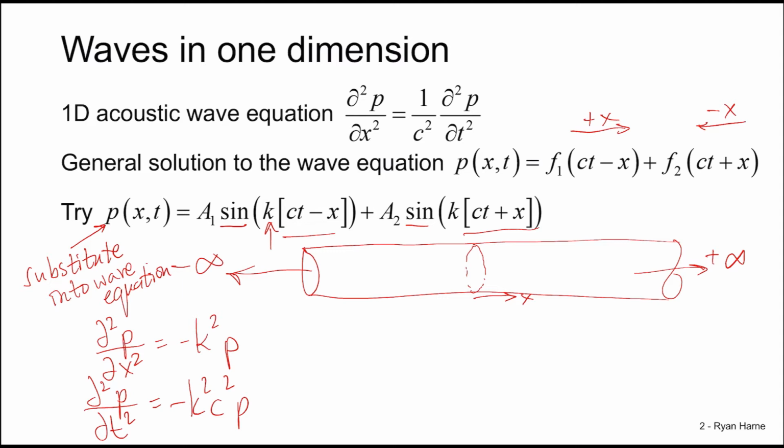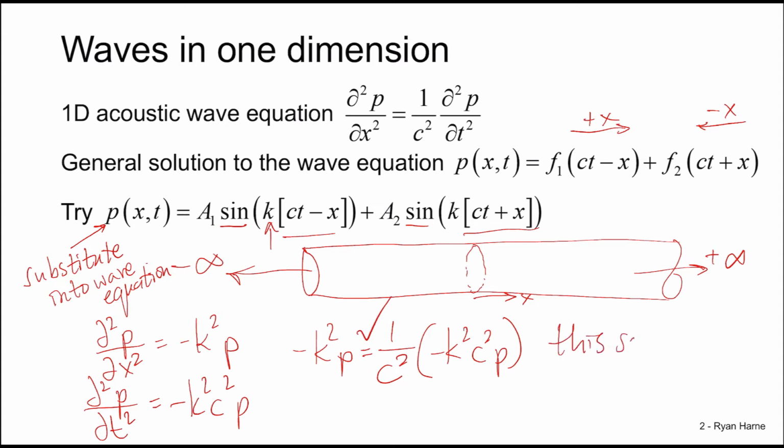So when we substitute these derivatives back into the acoustic wave equation, we have minus k squared p is equal to 1 over c squared of minus k squared c squared p. And this, in fact, is an equality. It works. So this satisfies the acoustic wave equation.